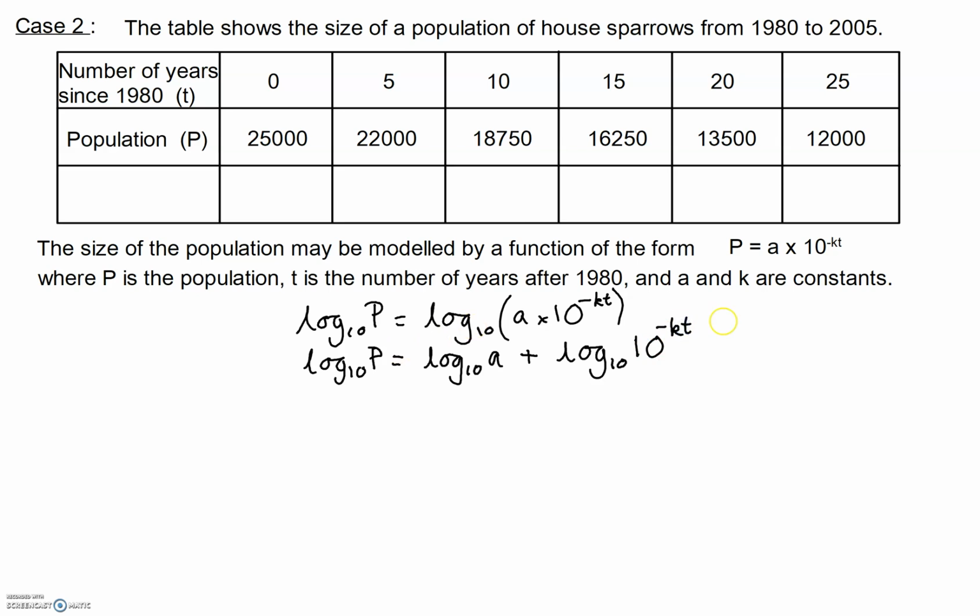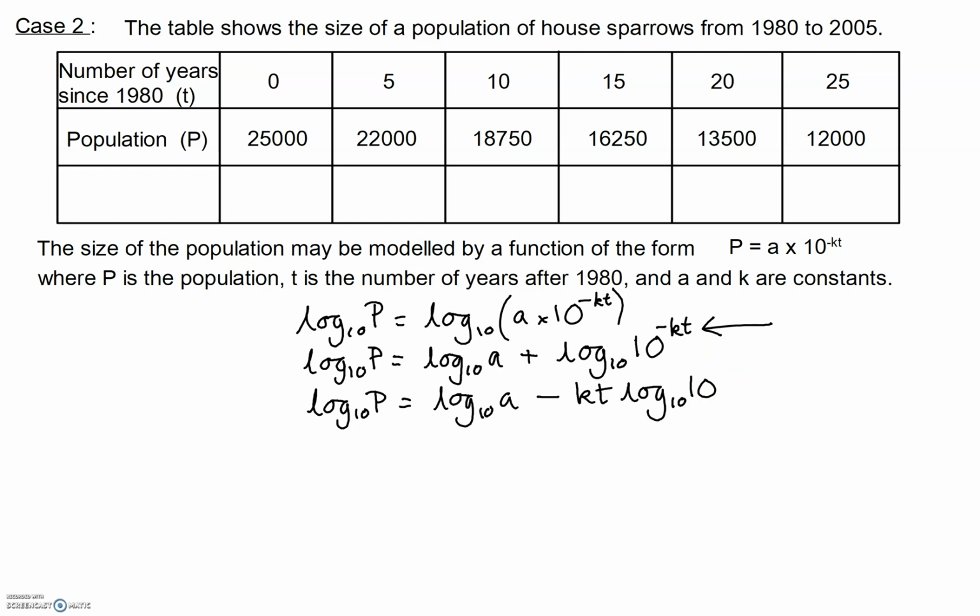We're now going to use our log rules, and this power is going to be brought down to the front. So log to the base 10 of p equals log to the base 10 of a minus kt log to the base 10 of 10.